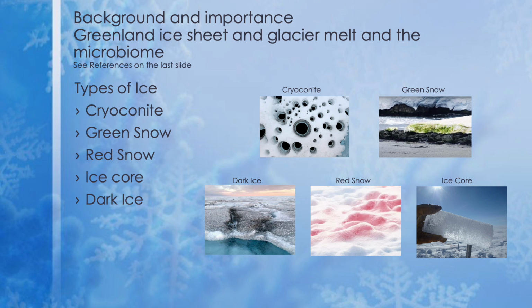Red snow, snow colored by the growth of green algae with a secondary red carotenoid pigment or with red algae. Ice core is simply a core sample removed from an ice sheet or glacier. And dark ice, an ice sheet or glacier coated with cryoconite.